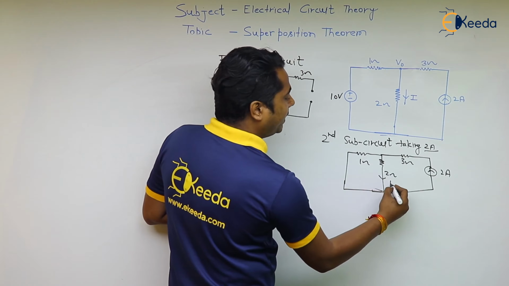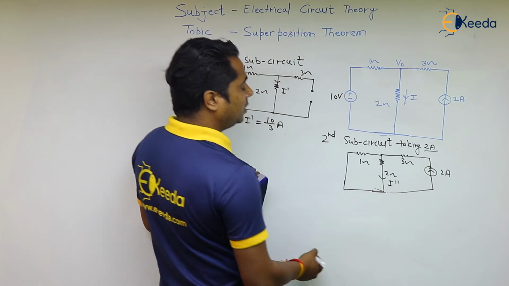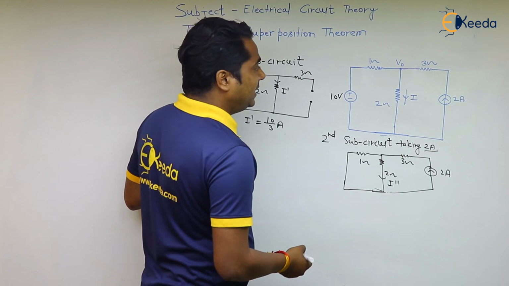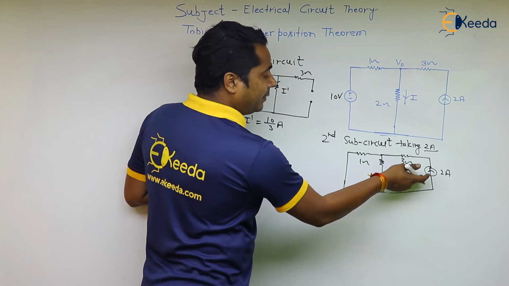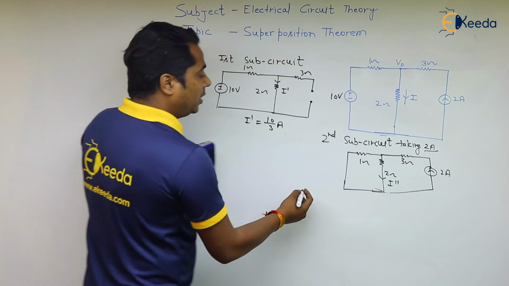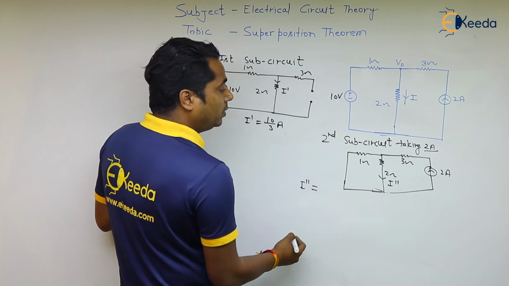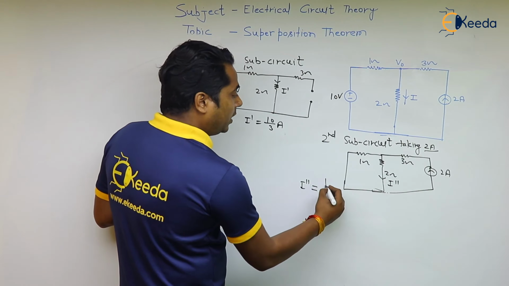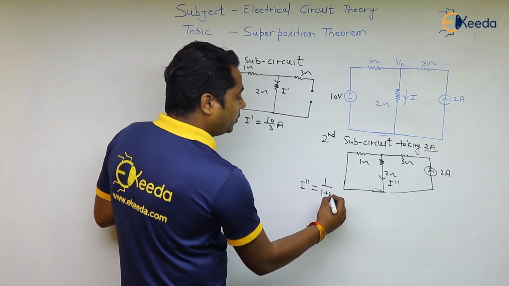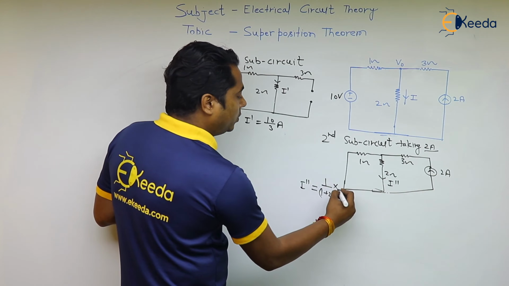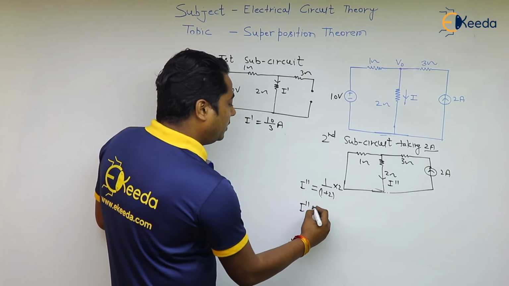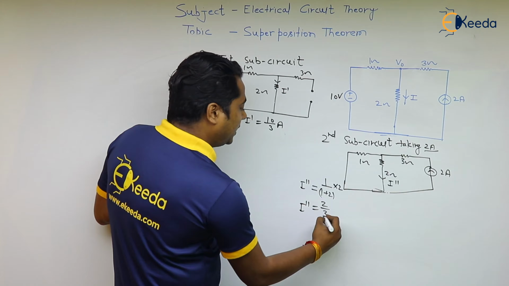Now we have to calculate the value of I double dash. Easily we can calculate it with the help of the current division rule. The value of I double dash will be equal to 1 upon 1 plus 2, into 2. So the value of I double dash will be 2 upon 3.